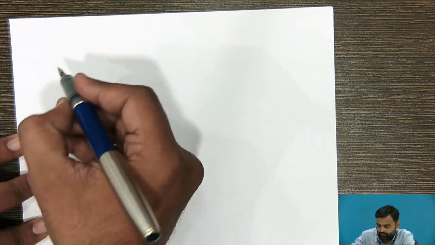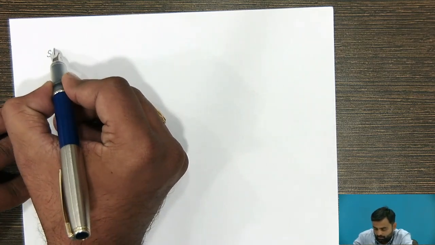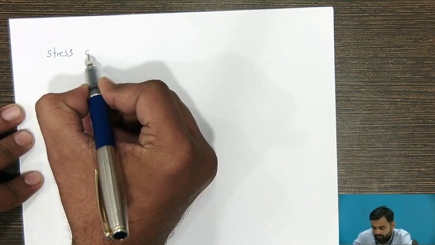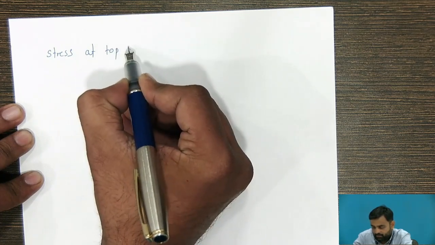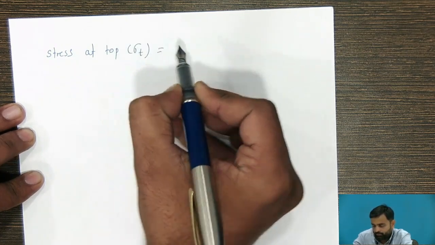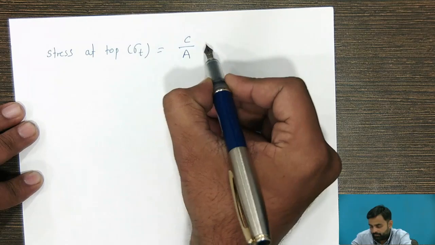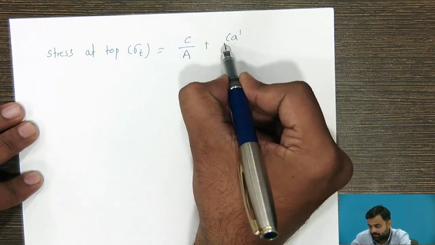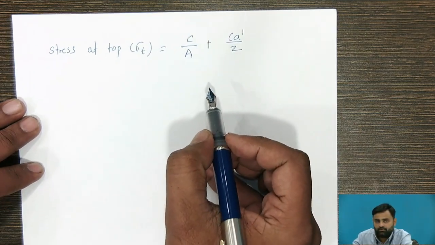So here the stress at top, sigma T, is equal to C by A plus C A dash by Z. This is the formula.